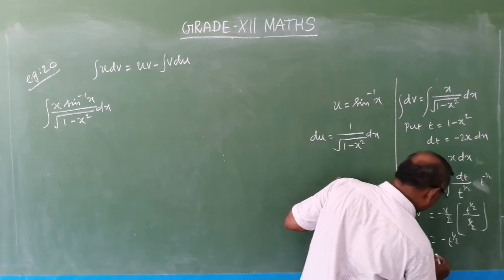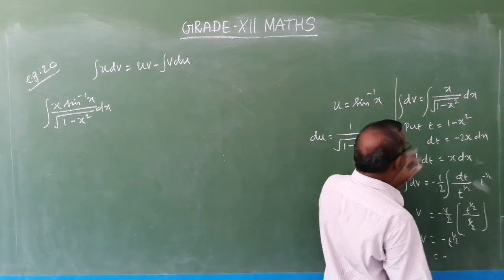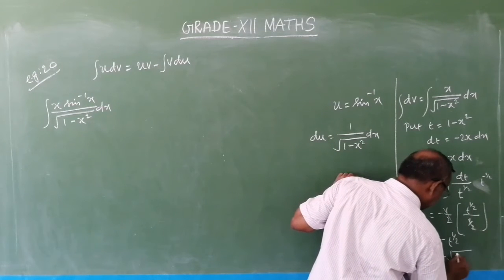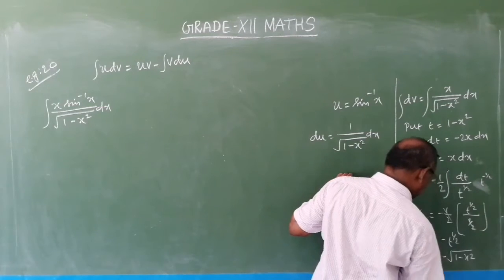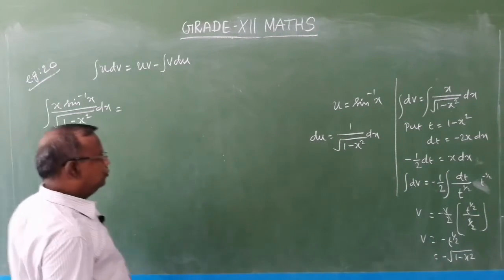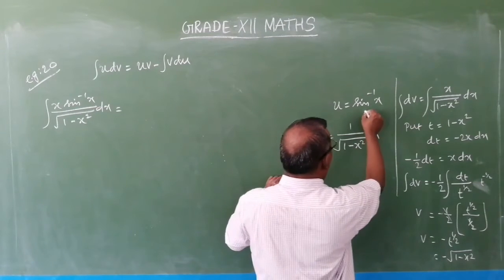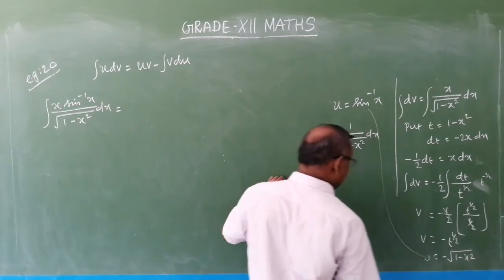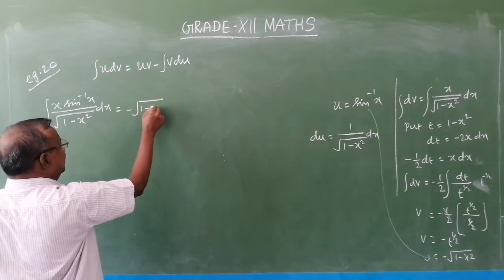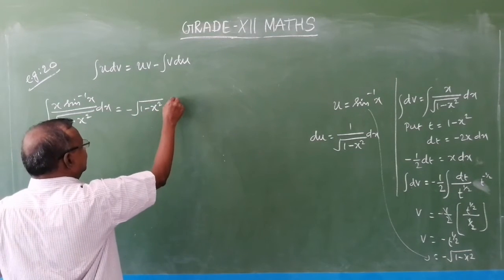V equal to minus t power 1 by 2, t means 1 minus x square, so minus root of 1 minus x square. So this is v. Now uv is minus root of 1 minus x square into sin inverse of x.